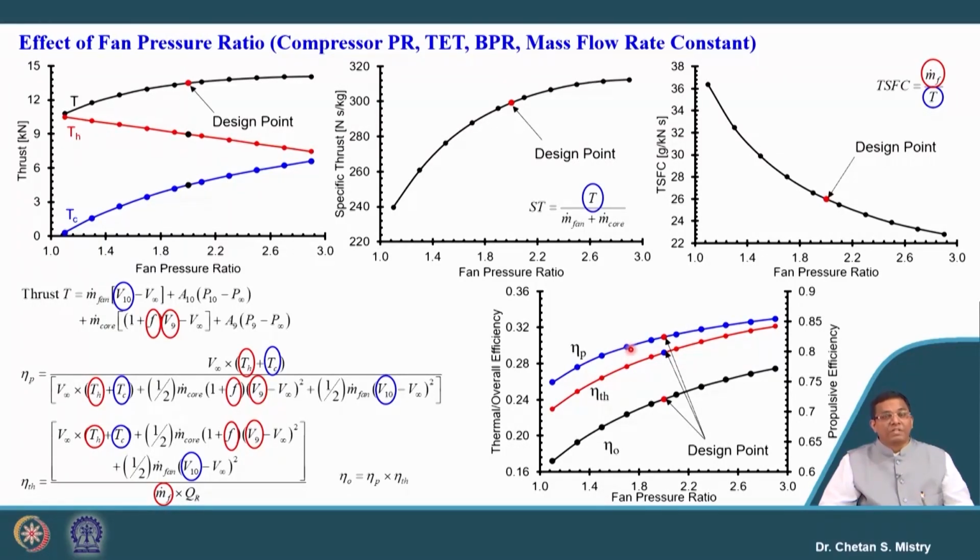Same way my propulsive efficiency also is increasing, and that will be reflected in an increase of overall efficiency. So, by increasing the fan pressure ratio, we are able to increase the overall efficiency, and that is a requirement for our commercial aircraft. Okay. Slowly we will be discussing the requirements also.